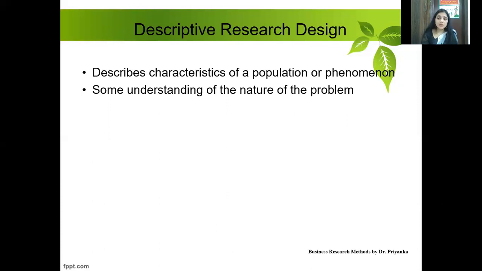This will help you in that. You want to know the average projects taken up by the company, or the average CSR done by the company, or the average salary of the employees of the company. So this is something which is going to describe the variables. Descriptive research design will generally be held through either survey data or secondary data.